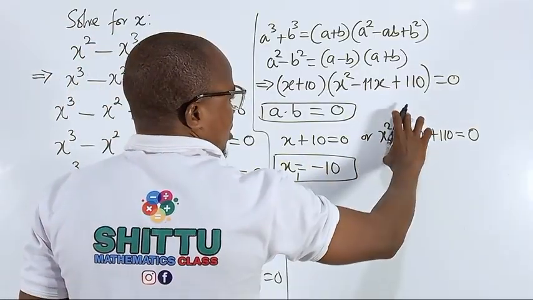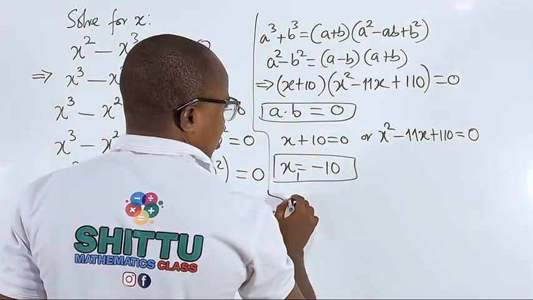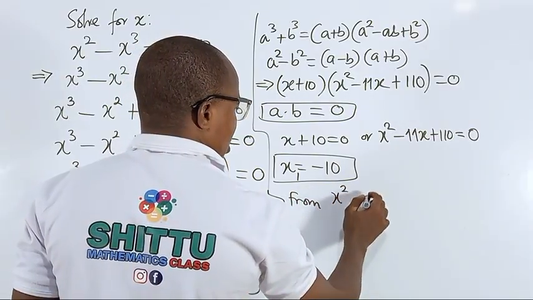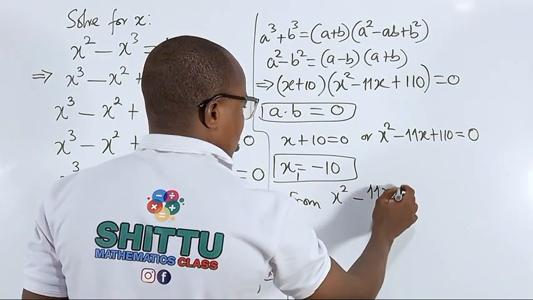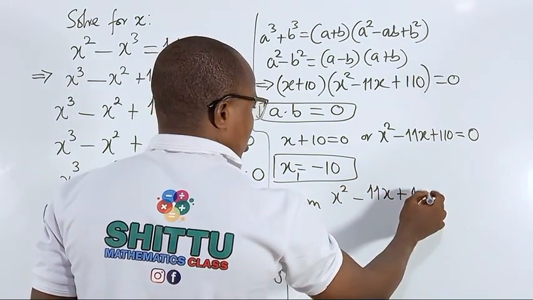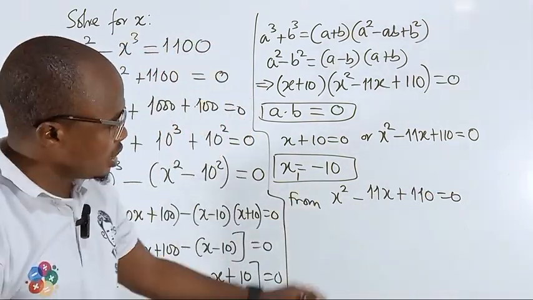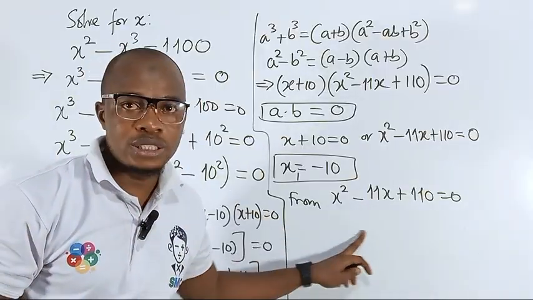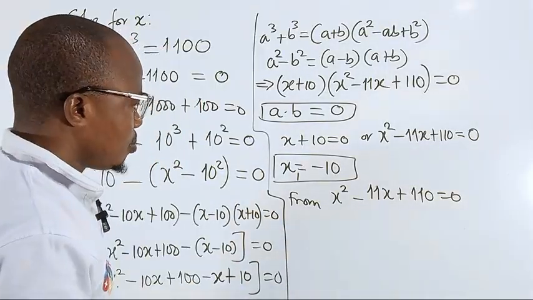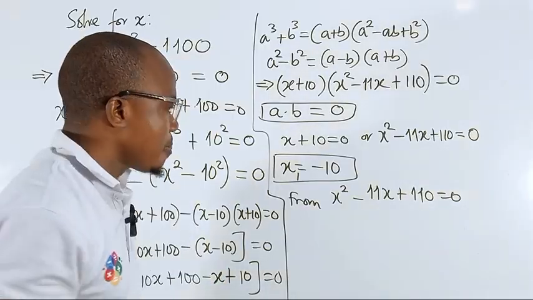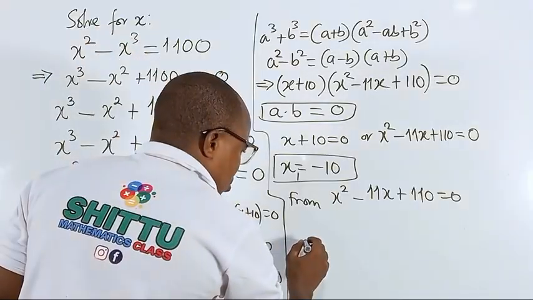Now, let's pick this one, x squared minus 11x plus 110 equals 0. So now let's see how we can solve this one completely. But if you look at this, we cannot use factorization here. So what we use here is the quadratic formula.